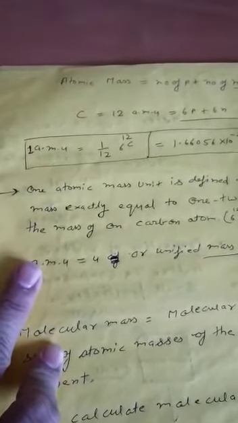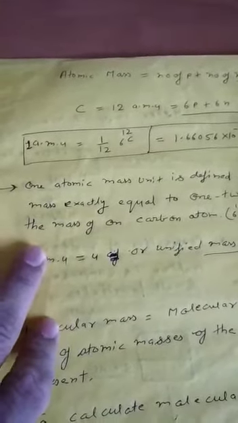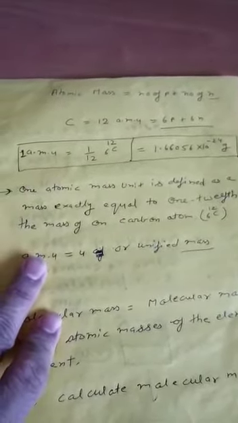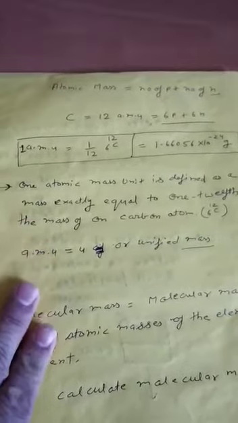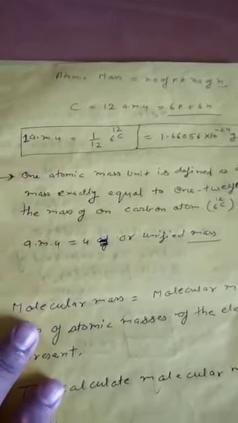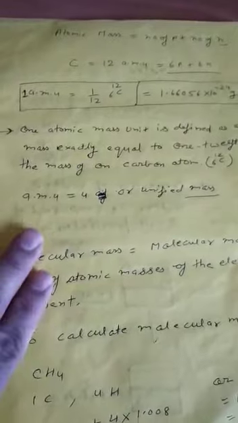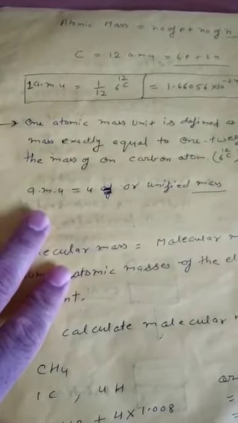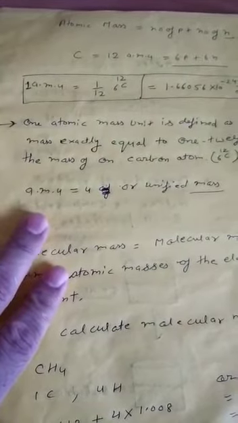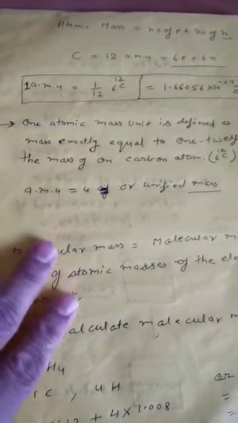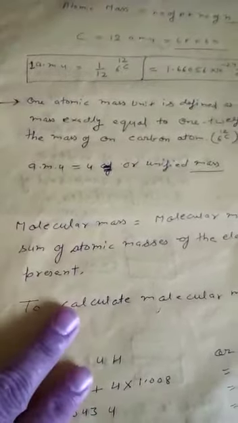Now, we can define the AMU as a mass exactly equal to 1/12 the mass of one carbon atom. It is also represented as u, or unified mass. It is a unit of atomic mass.